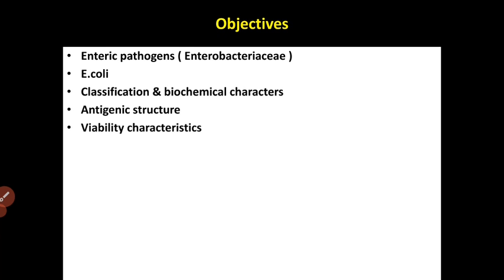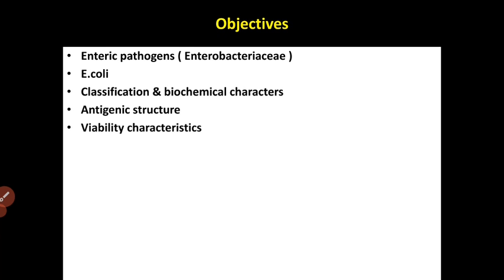Now, what are their characters? They are aerobic and facultative anaerobic, gram-negative, non-spore forming enteric bacilli. They are often motile by peritrichous flagella or they are non-motile.